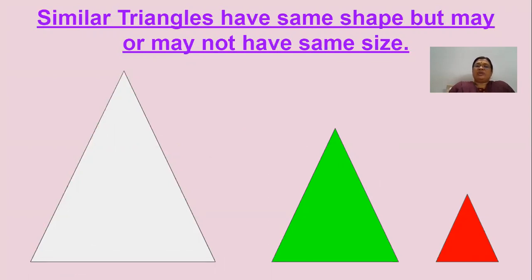And when you go to political meetings outside, you see a big flexi on the side of the road. That is also a photograph. So the photograph can be made in stamp size, postcard size, or flexi size. All are the same shape. The figure is the same, but the sizes are different. So you can say these are all similar to each other, and these triangles are similar triangles.